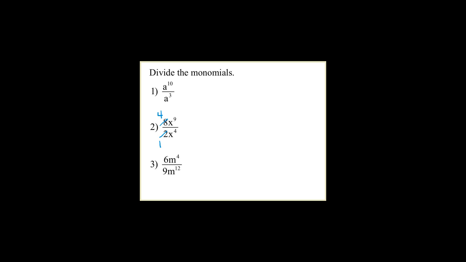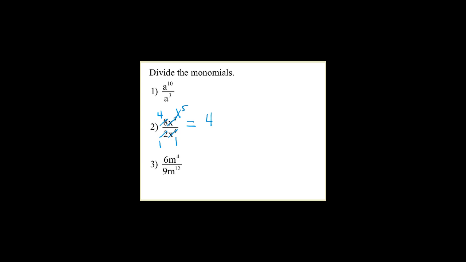What common factor can we divide out of the numerator and denominator in terms of the x's? I can divide out a total of 4 x's out of the numerator and denominator. It has to be the same amount. In the denominator, I'm left with 1. In the numerator, when I divide out 4 x's, I'm left with x to the 5th.